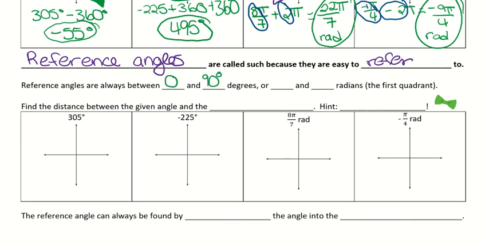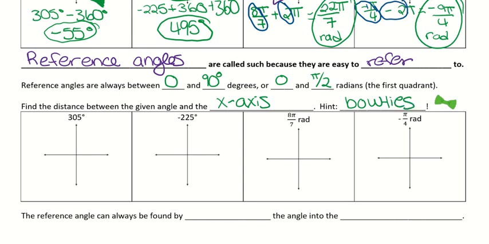They always live in the first quadrant, or 0 and pi over 2 radians. So in order to find a reference angle, we find the difference between the angle we're given and the x-axis. Another way to think about it is we're creating those triangles. So a hint is think about your bow ties.